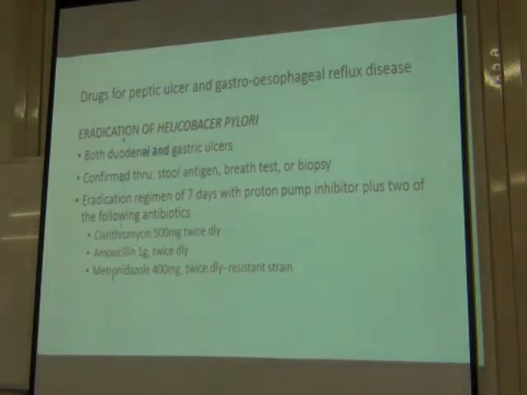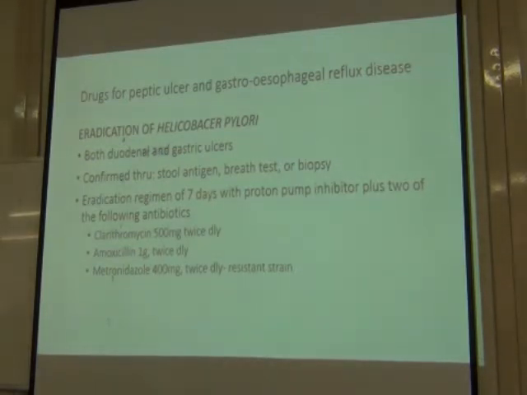Or sometimes the patient has been on anti-ulcer medication, but the ulcer keeps relapsing. Then you want to do a test to see if Helicobacter pylori is present, and then place the patient on medication. So sometimes when you have this relapsing ulcer, it could be because of this bacterial presence.